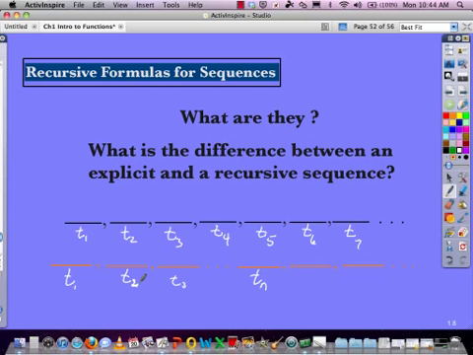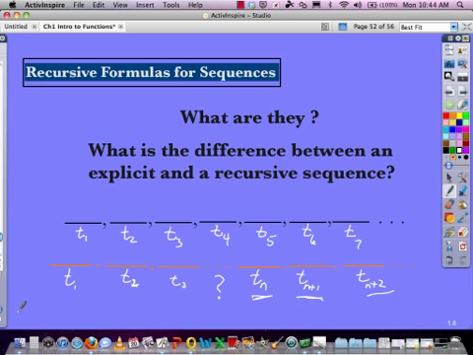So whatever number this is, the next one has to be 1 more than it, so it would be t sub n plus 1. And then continuing that pattern, t sub n plus 2. So you can name them all, you just can't tell me exactly that this one is the 10th term and this one's the 11th, because you have no idea how many terms were skipped in writing your sequence.